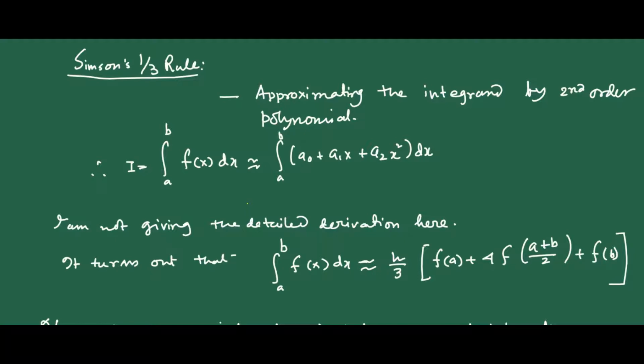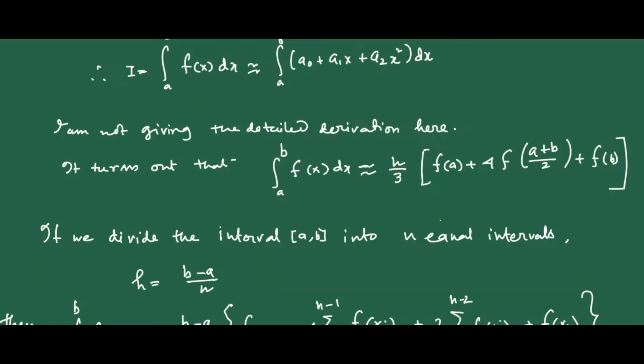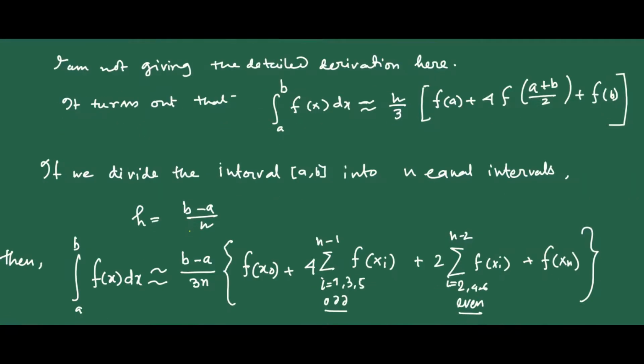It is a one segment formula: f(a) plus 4 times f((a+b)/2) plus f(b), if we consider the one segment a and b. And just like the previous case, if we divide the interval a and b into n equal intervals, then h can be written as (b minus a) by n.